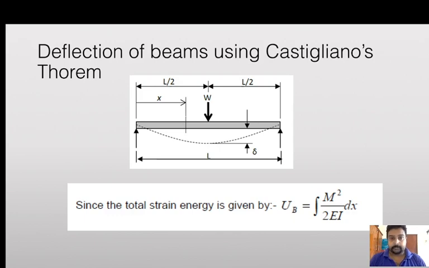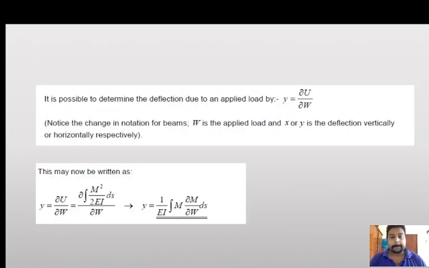It is possible to determine the deflection due to an applied load by y equals ∂U/∂W. Note the change in notation: W is the applied load, and x or y is the deflection, horizontal or vertical respectively. So ∂U/∂W equals ∂/∂W of the integral of M squared divided by 2EI ds.